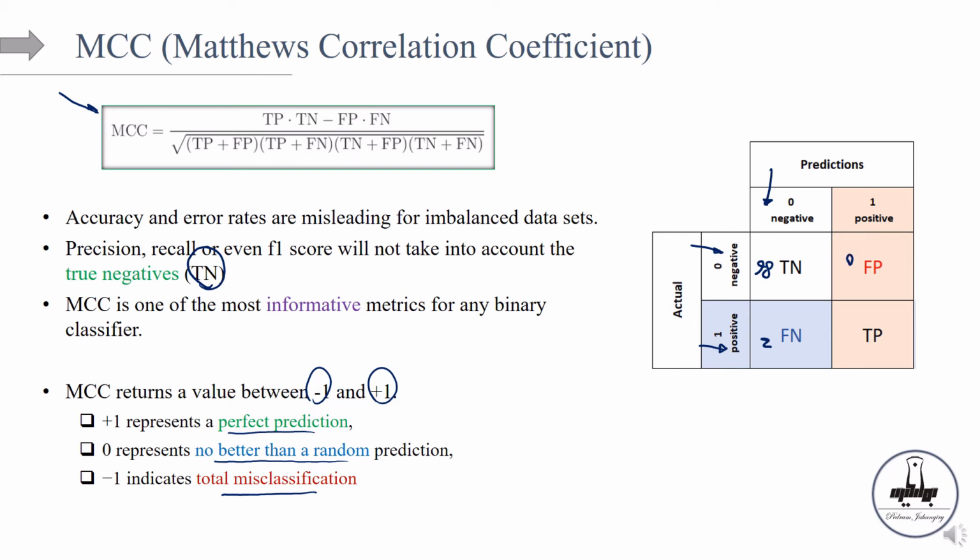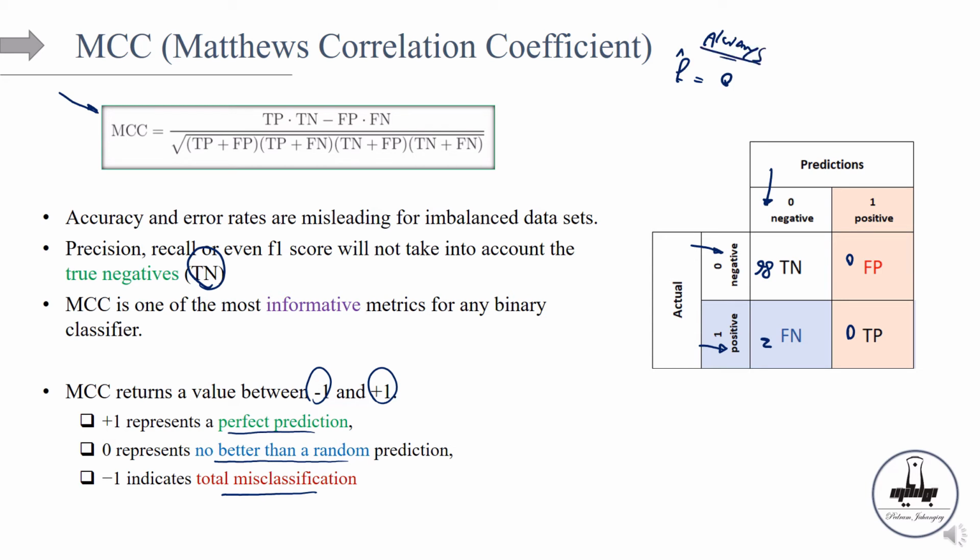So as you can see, these numbers are going to be 0. Imagine our model f hat is always 0.